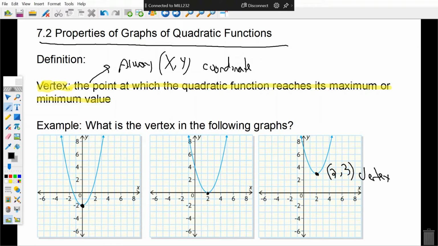The vertex of this parabola is at 2 for x and 0 for y. 2 and 0. And the vertex of this first one is at negative 2 and 0. So the vertex is the point where the graph reaches its maximum or minimum value, okay?